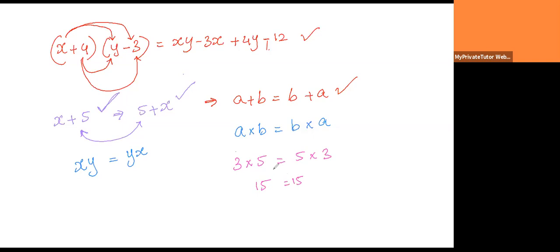It won't work for subtraction. But we can write subtraction, let me tell you how. See, let's say you got the answer as x minus 5. You can't write 5 minus x. That's not the case. But you can write minus 5 plus x if you want to. Both are the same. I hope everyone agrees to this.